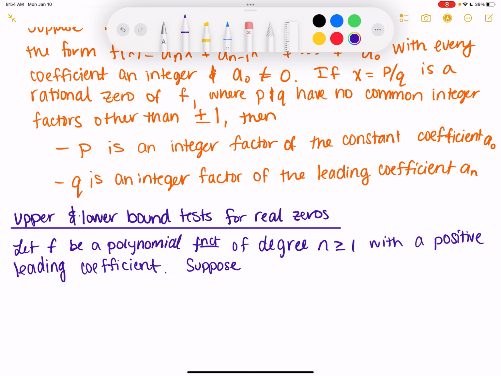Suppose f of x is divided by x minus k using synthetic division.